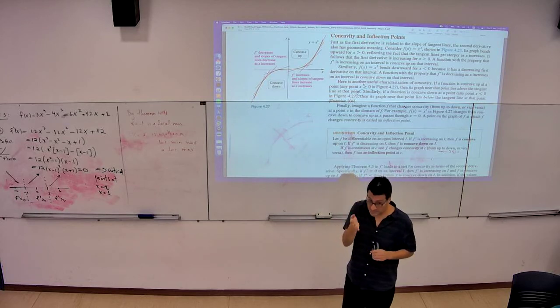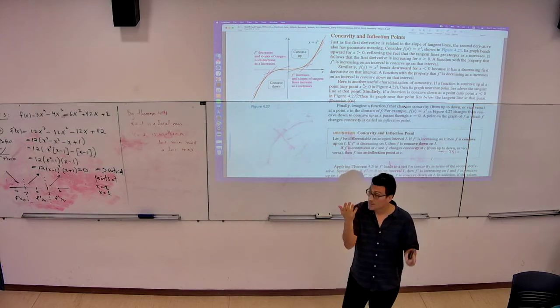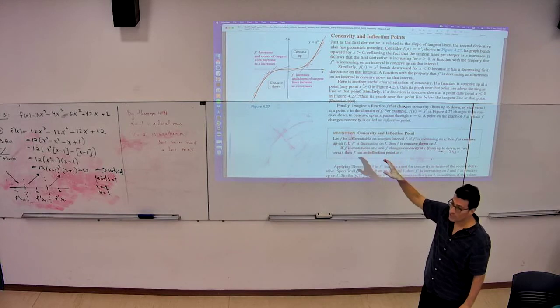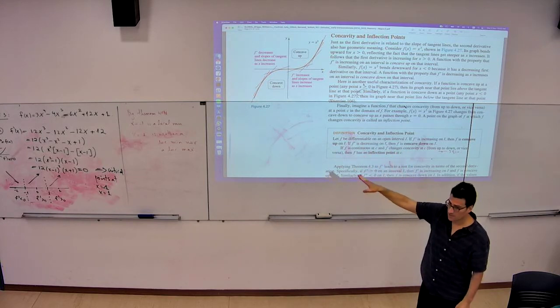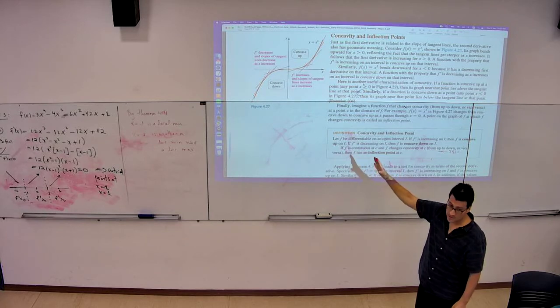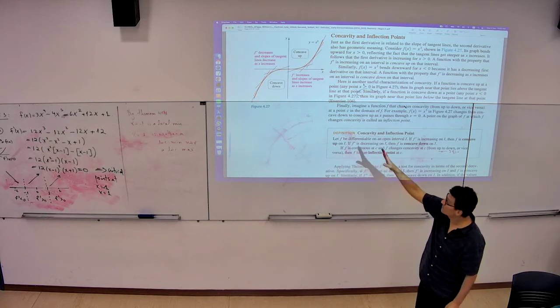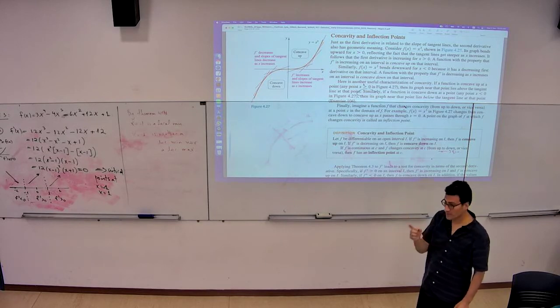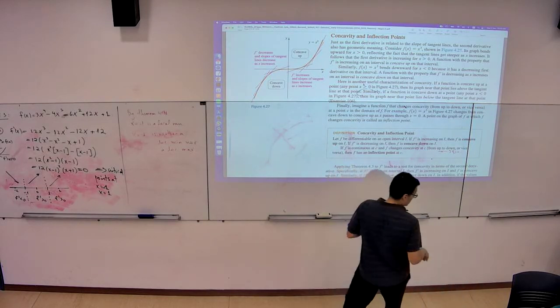But after 0, from 0 onward, the function keeps increasing. But I don't know if you noticed, the way the function increases from negative infinity to 0 is not equal to the way the function increases from 0 onward. Something's going on here.